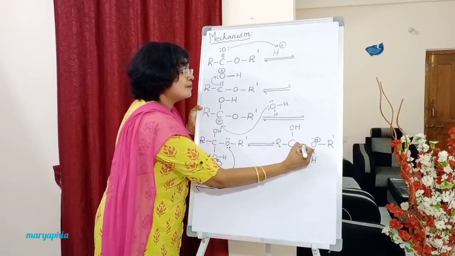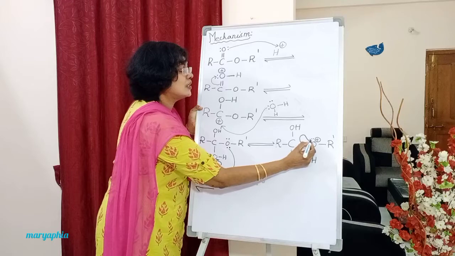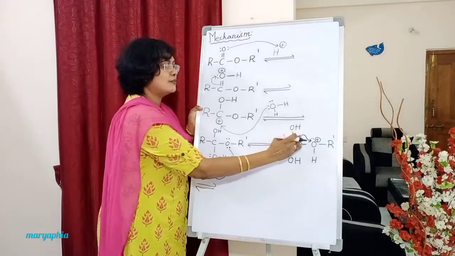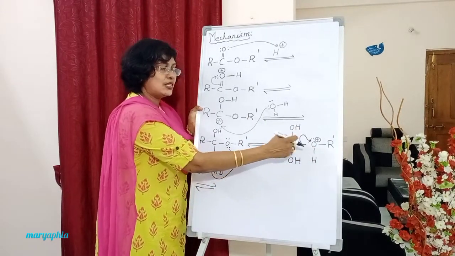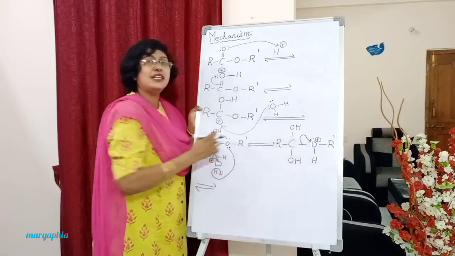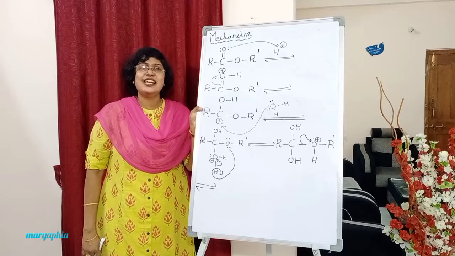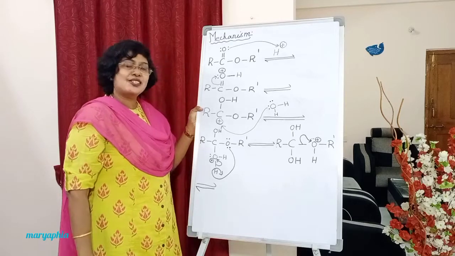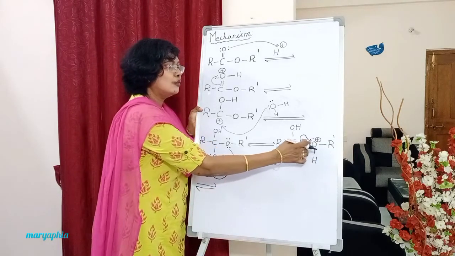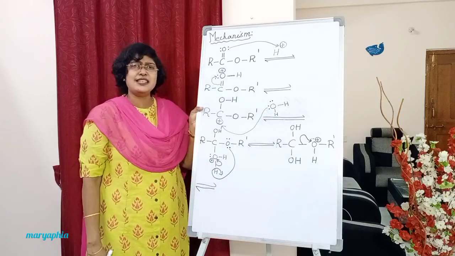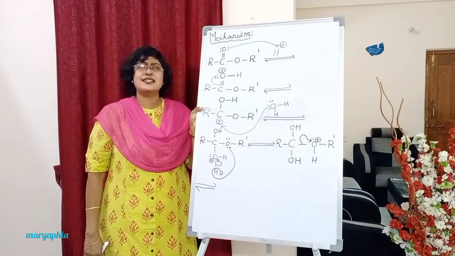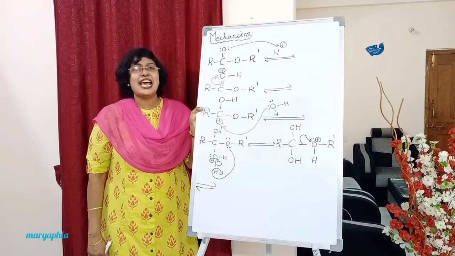How is this positive charge on oxygen satisfied? Here it takes up these two electrons towards itself. That means the electrons involved in the bond between carbon and oxygen will be taken up by oxygen. So what is coming out, students? R dash OH. What is R dash OH? It is the alcohol.